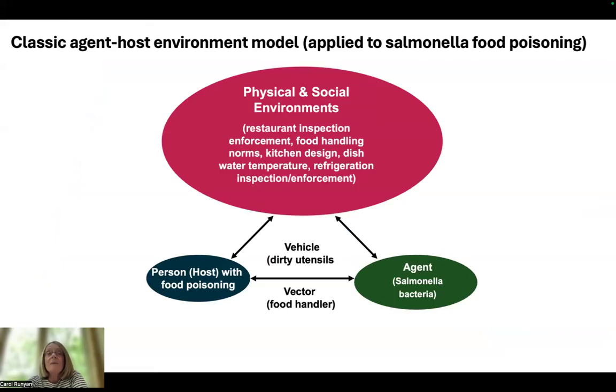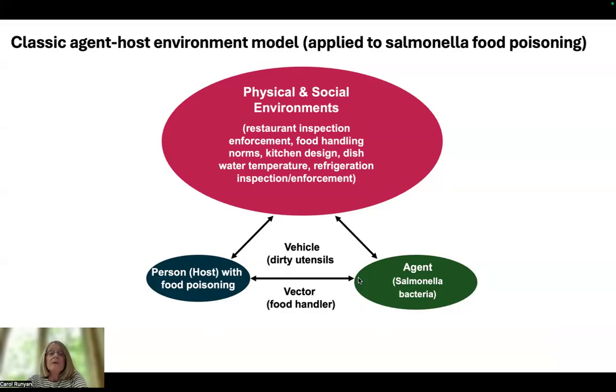So first of all, reminding you of what I think you probably already know, the classic agent-host-environment model of public health. And here's an example applied to salmonella food poisoning, where down here at the bottom, we have the person, the host, who's the person who gets the food poisoning. We hope it's never one of us, of course. And then the agent in this case is the salmonella bacteria that causes the food poisoning.